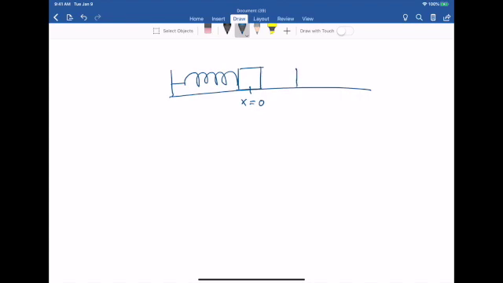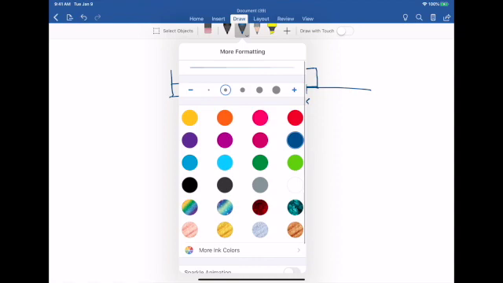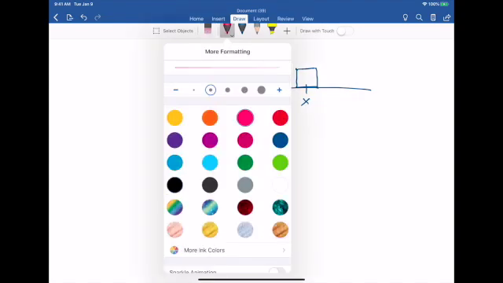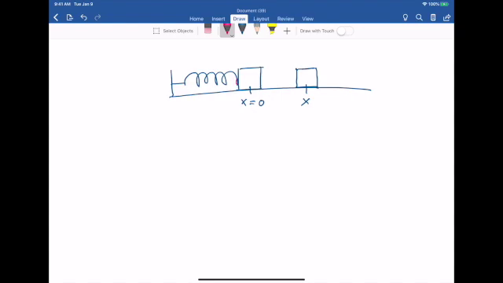Suppose I have pulled the mass to the right a little bit out to a distance x so that the spring is stretched. I'll just draw the stretched spring. So I've stretched the spring out so that the mass is at position x.